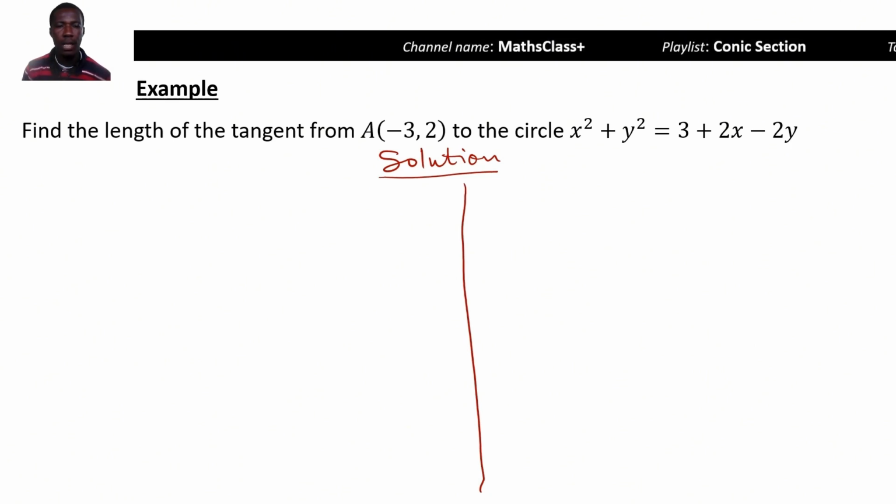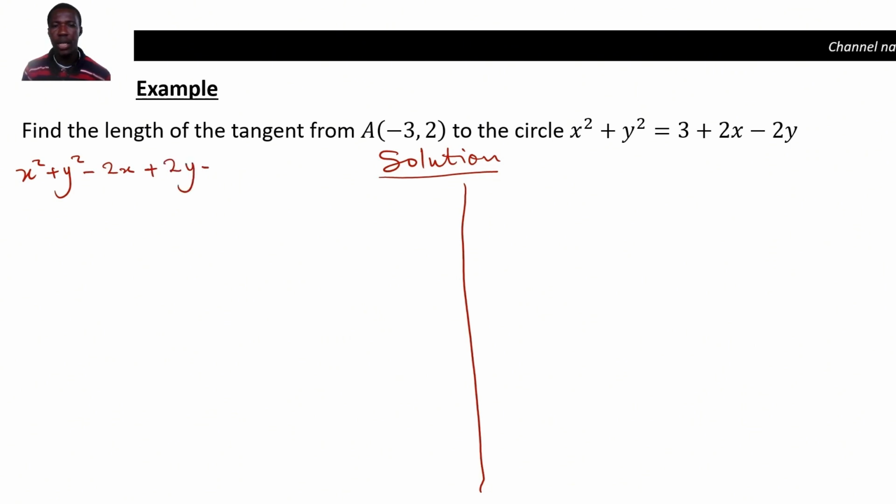Now we have our circle. We rearrange: x squared plus y squared minus 2x plus 2y minus 3 equals 0. Okay, so with this we see, comparing with the general formula, we have our 2g to be equal to negative 2.